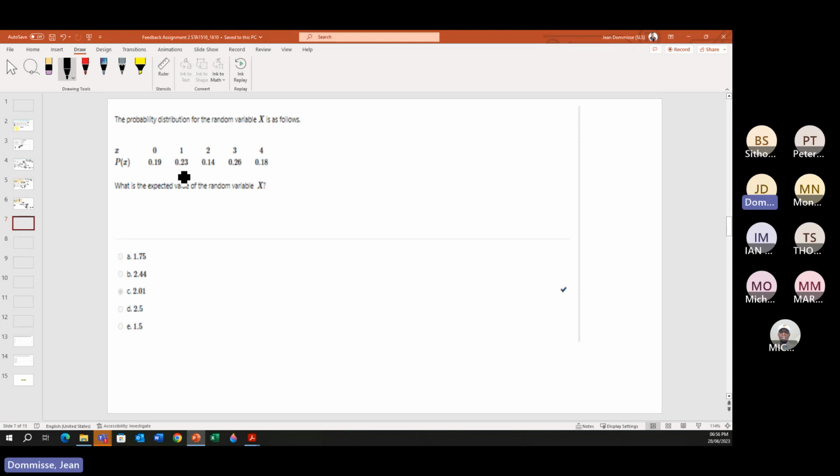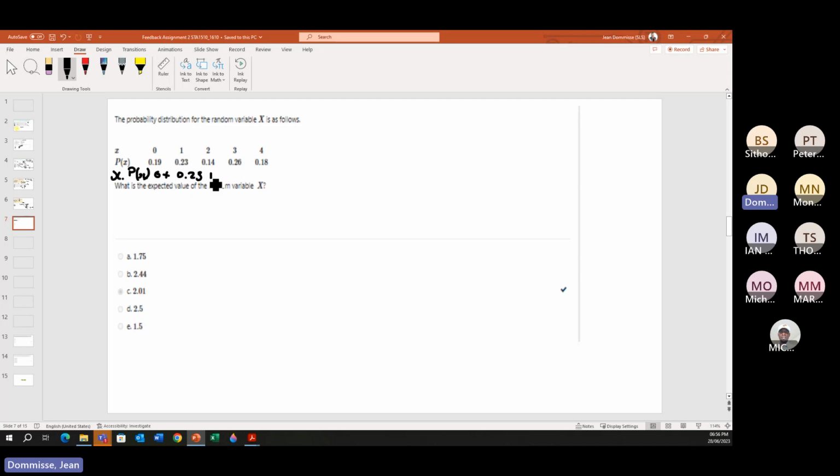Expected value, you basically work out by multiplying the x with the probability, and then you add it all up. We can do it in Excel, but we can quickly do it in here as well. So 0 times that will be 0. Then you will add 0.23.